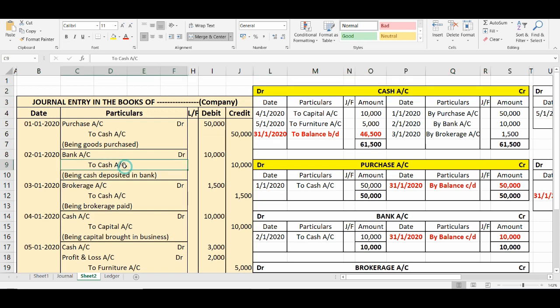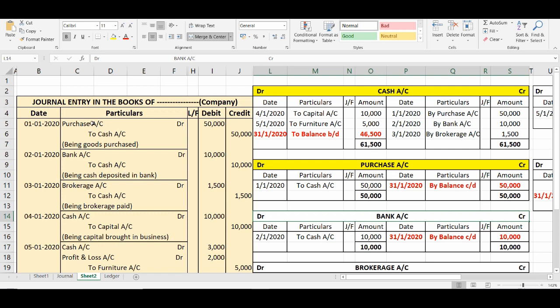So cash account ledger will be prepared, which we have already prepared, so we won't prepare another one. This entry can go in the cash ledger itself which we had prepared earlier. Now bank account comes again, which is a new account, therefore we will have to create a bank ledger. So again over here bank account ledger will be created, and likewise for all the entries.